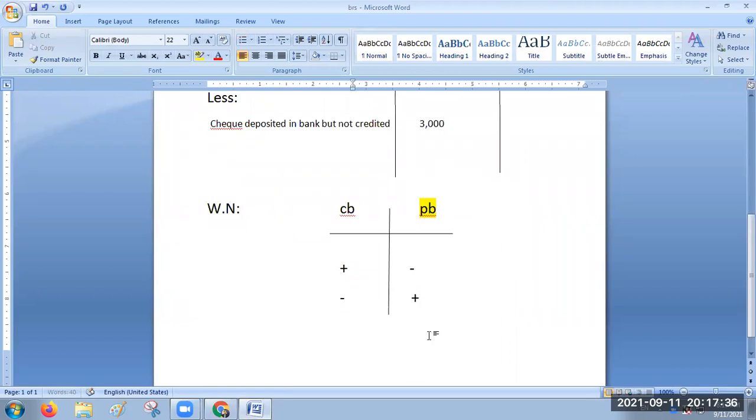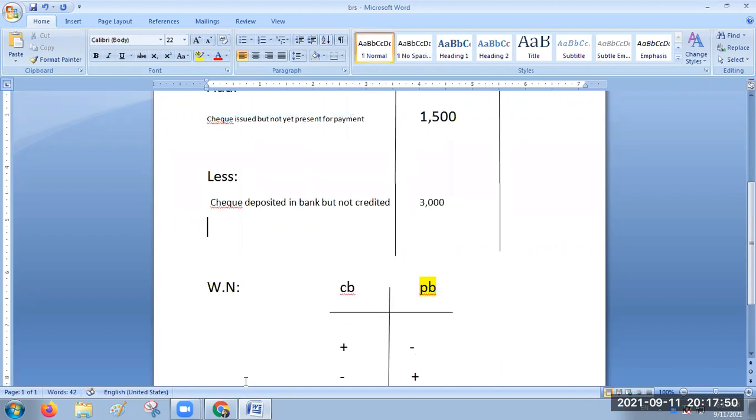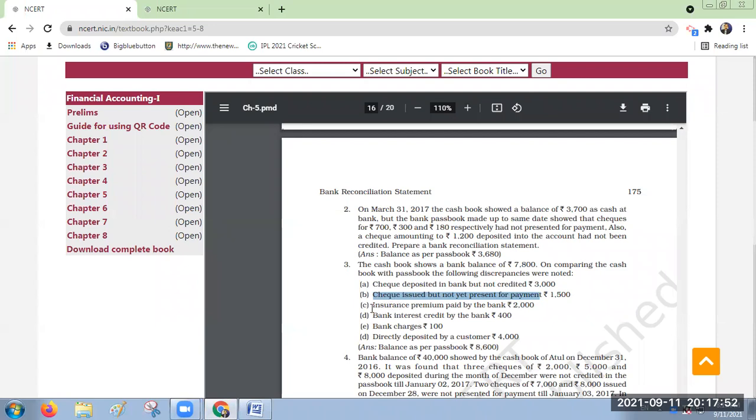Here it will be minus. In passbook, balance will be less by 2,000 rupees, whereas here we do not know it. So here more balance will be there. So this side minus is there, so that amount we have to deduct. What is that? Insurance premium paid by the bank.